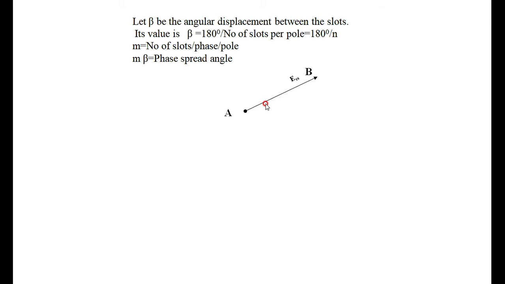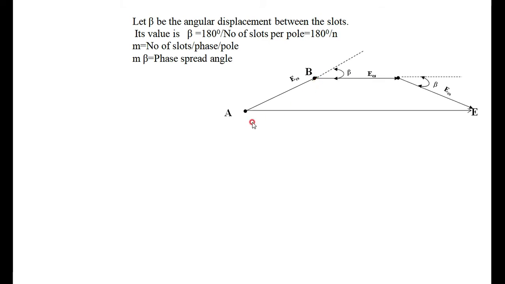Therefore, the phase displacement between the phasors is once again beta, and the number of vectors you have to add is M, with beta between each other. Here I have shown only 3. Then AE gives the total induced voltage, that is the vector sum of M number of vectors.